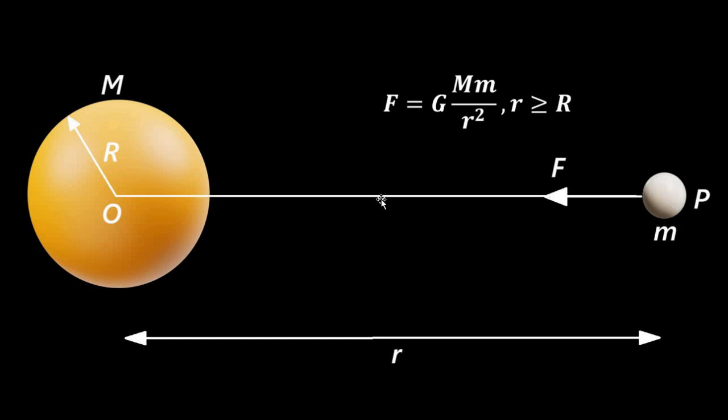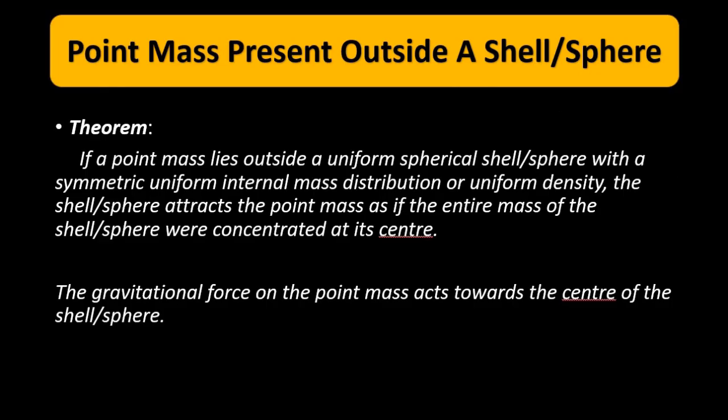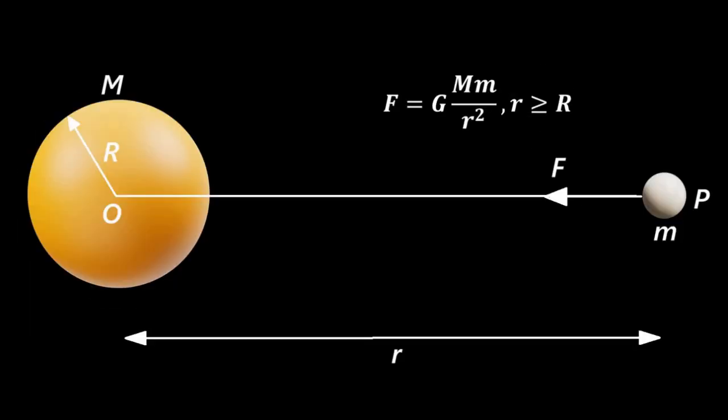Here also, as per the shell theorem, which is applicable for both the spherical shell and the solid sphere, the gravitational force acts towards the center of the solid sphere O, as if the entire mass of the solid sphere is concentrated at its center. The gravitational force acting on this point mass is towards the center of this large solid sphere.